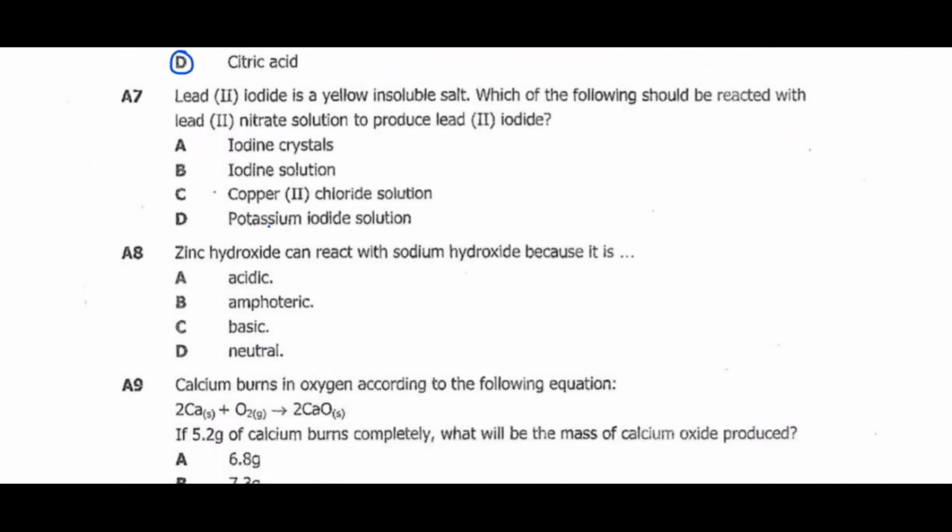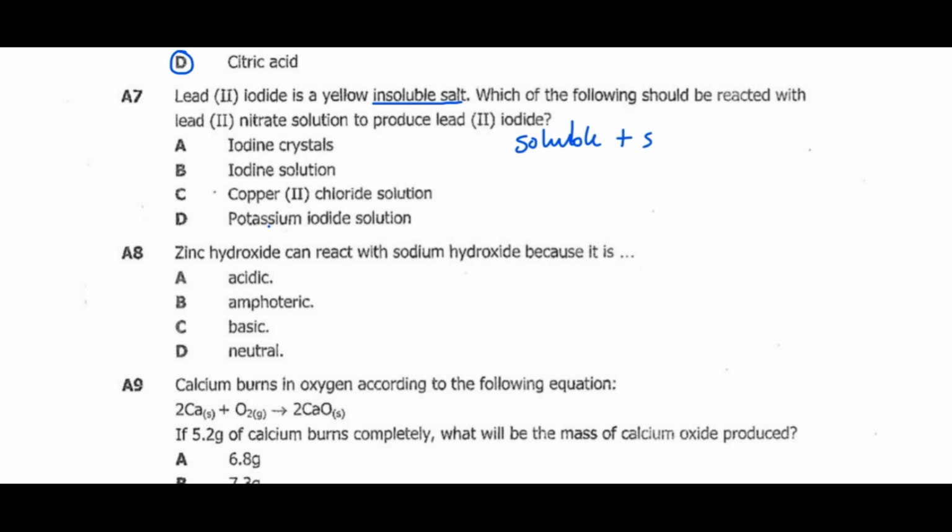Lead(II) iodide is a yellow insoluble salt. So the whole thing is about insoluble salts. Which of the following should be reacted with lead(II) nitrate solution to produce lead(II) iodide? What is the concept behind the formation of an insoluble salt? First, you need to have 2 soluble reactants.